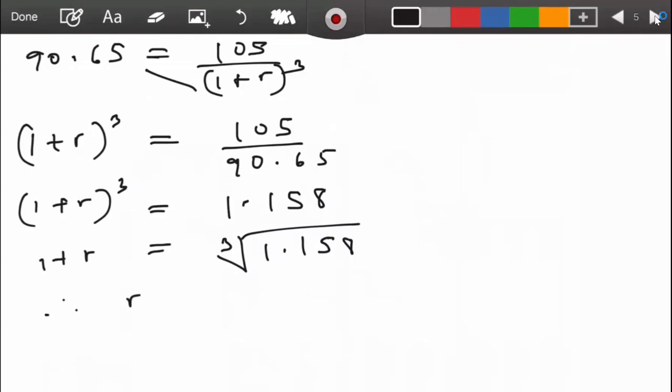Therefore, r will be equal to 0.0501, or approximately 5.01%.